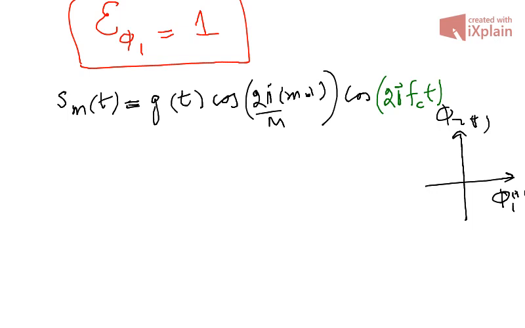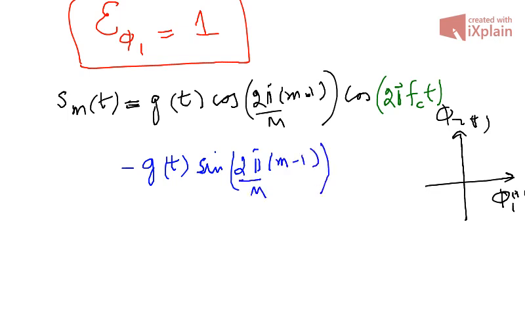Then you have a negative sign, g of t, you have sine of 2 pi (m minus 1) over capital M and sine of 2 pi fct.